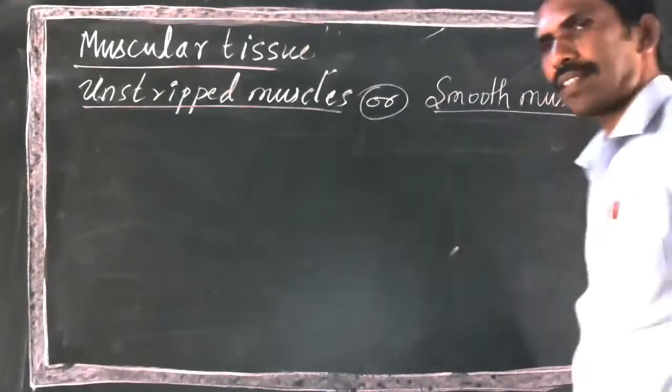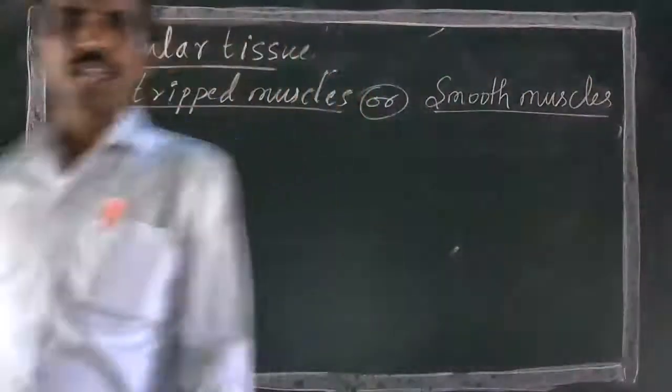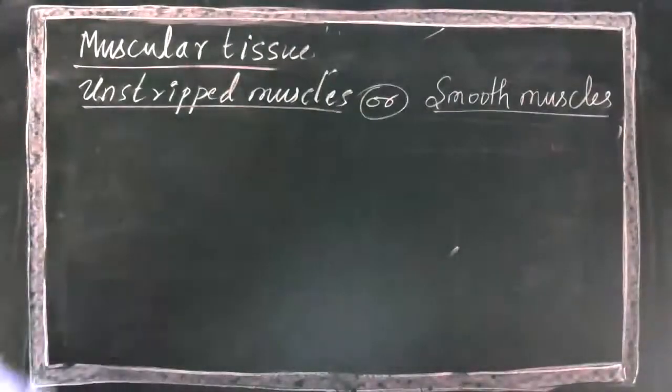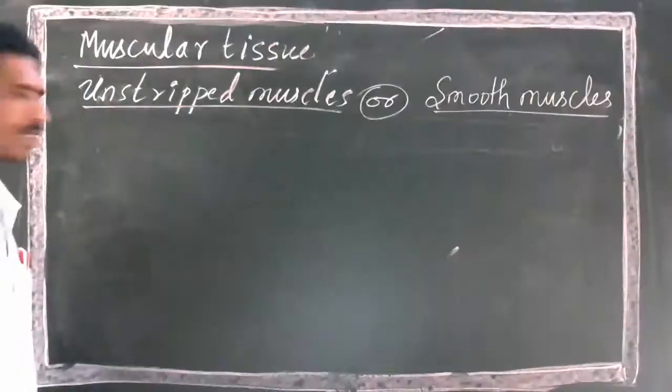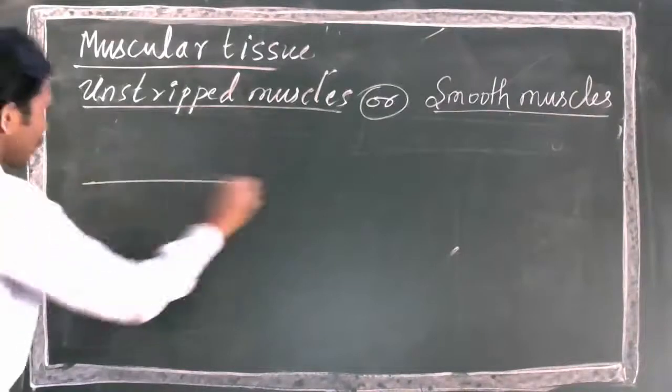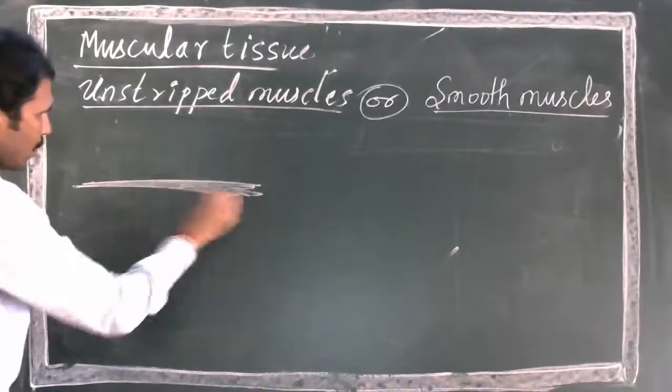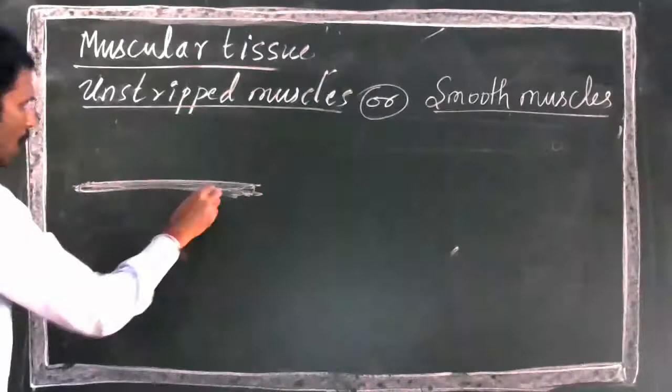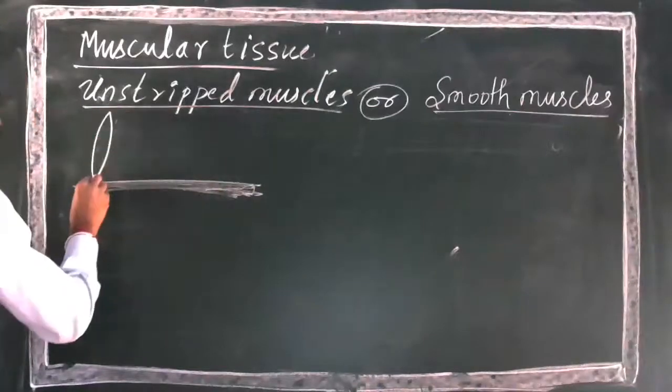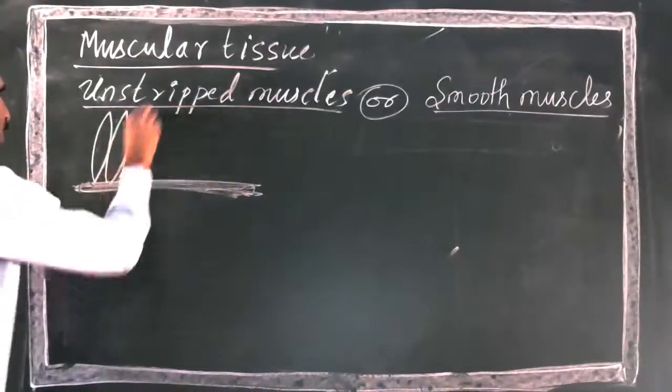Smooth muscles. See, unstriped means stripes are not there. See, this is the base of any muscular tissue. I told you any muscular tissue will have a base. On the base, the cells are arranged like this.